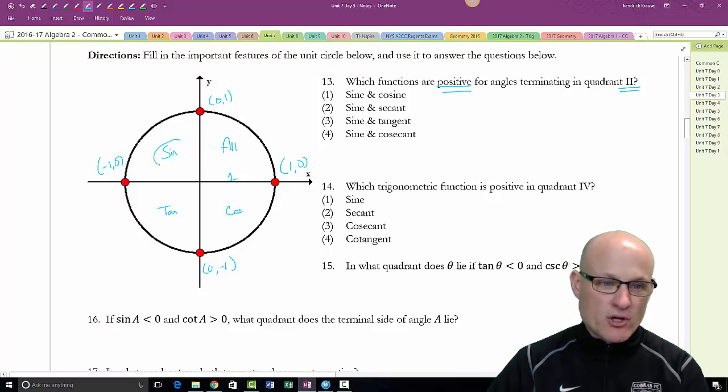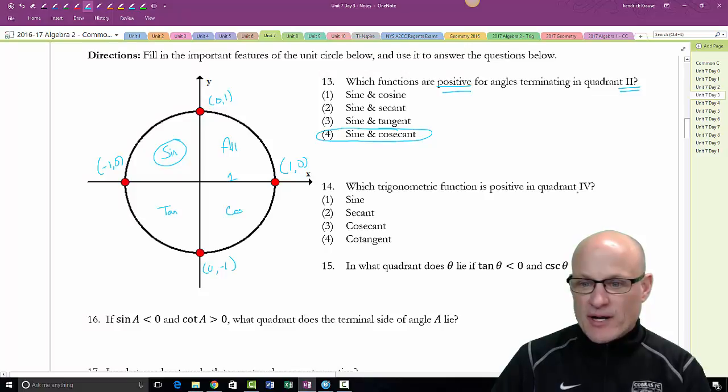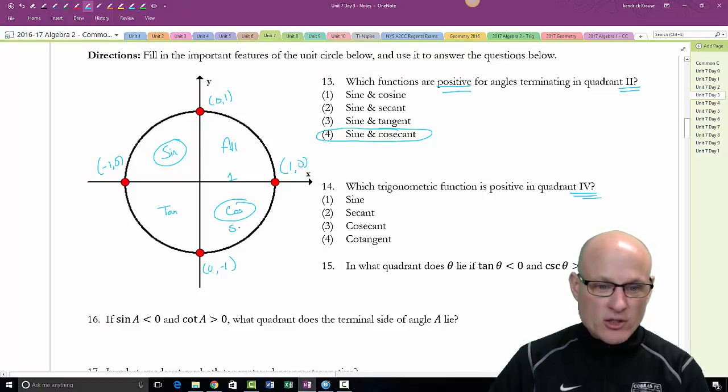So let's go to quadrant 2. Oh, sine is positive. Sine goes with cosecant. Which trigonometric functions are positive in quadrant 4? Oh, cosine. Cosine goes with secant. Secant and cosine.